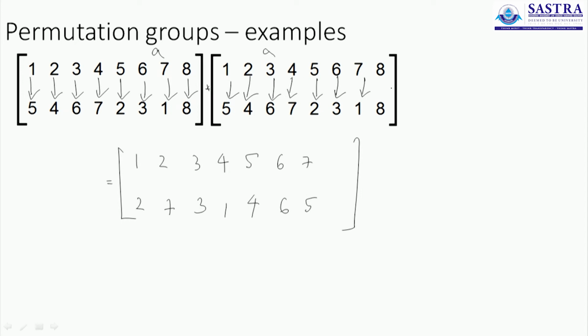And 8 is again going to 8. So when you operate one on the other, you are not getting E, so it's not an inverse of itself. It's supposed to have another inverse.